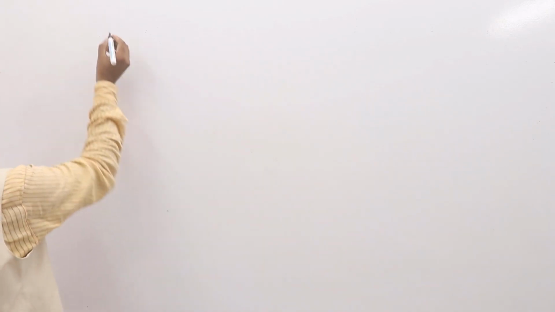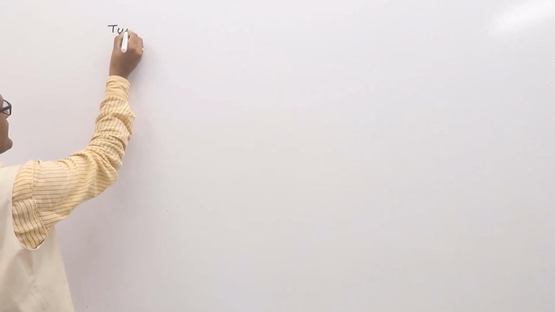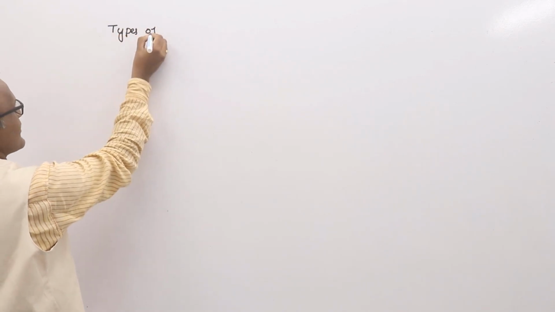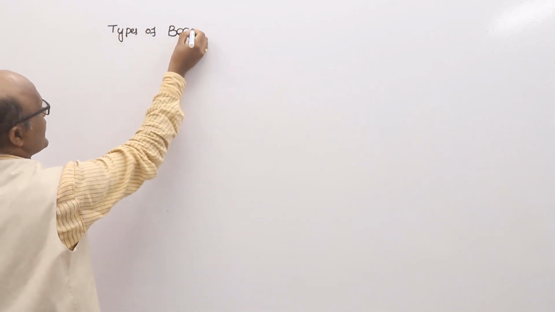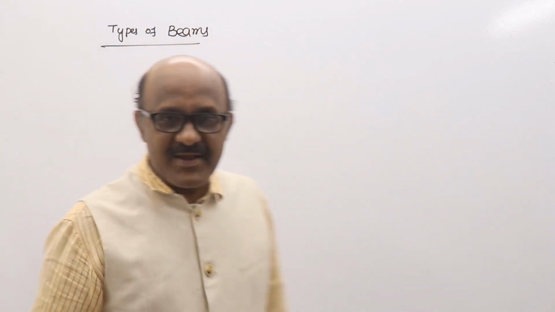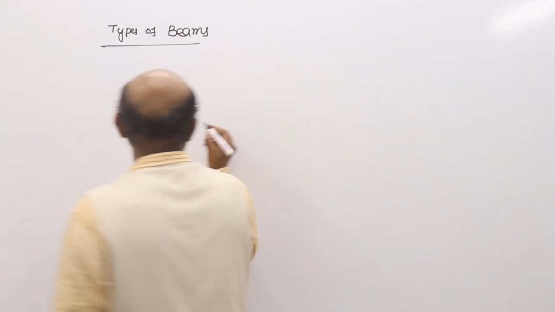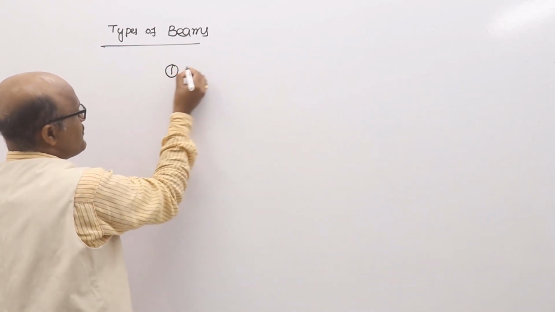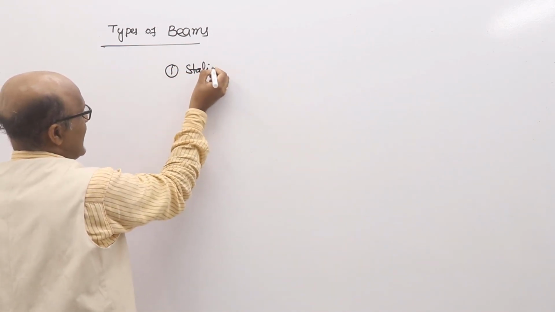Now here, types of beams. There are 2 types of beams, my dear students. The first one is statically determinate beam.